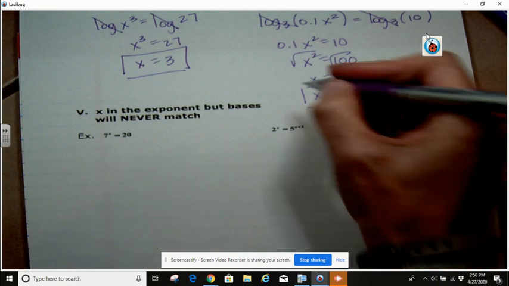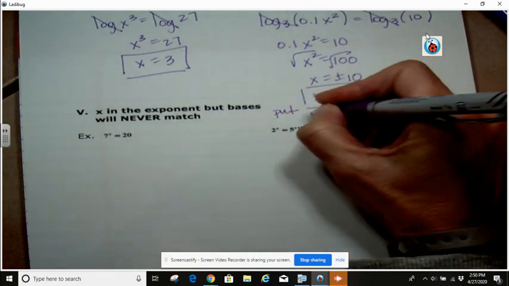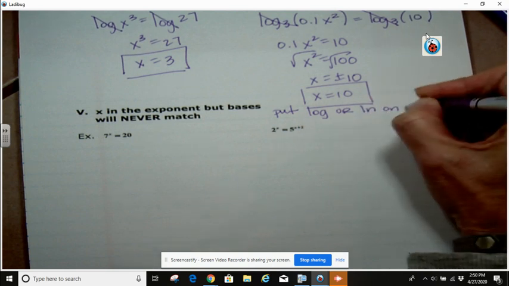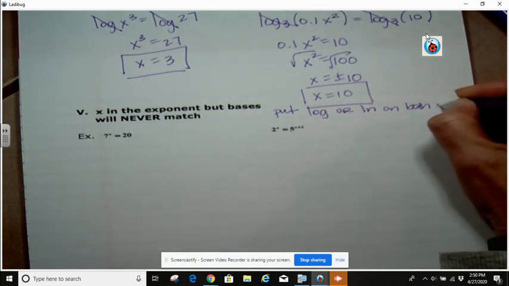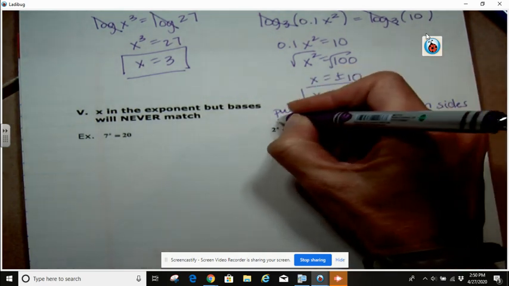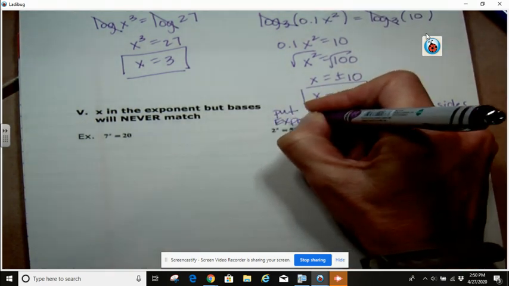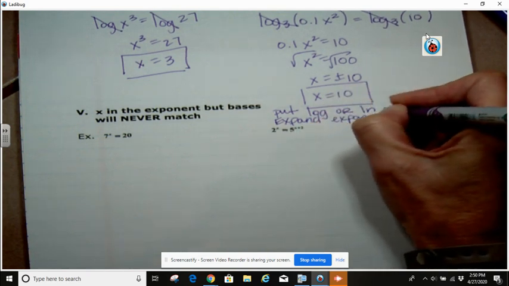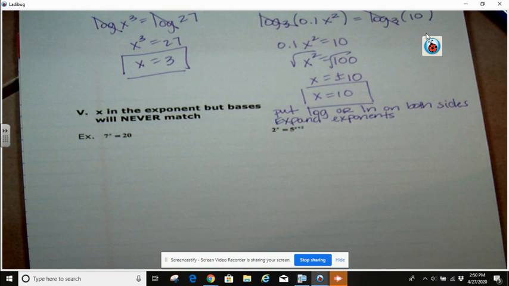Our strategy is going to be to put either common log or natural log on both sides. Completely your choice. And then we are going to expand exponents. So in the last set of examples, we wanted to condense.